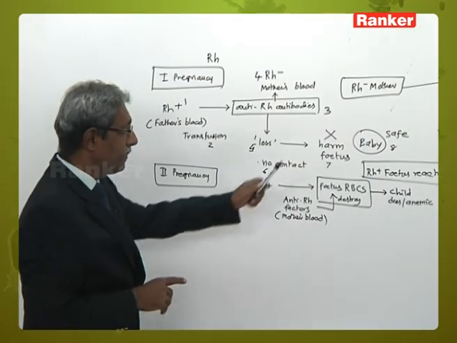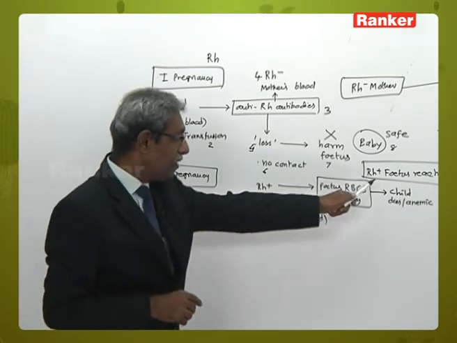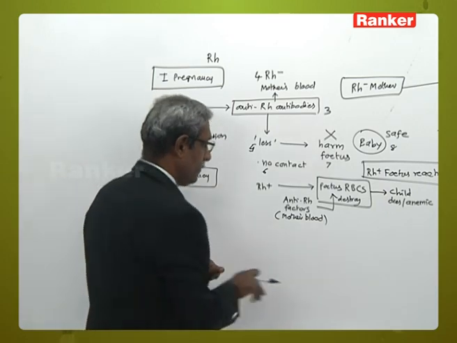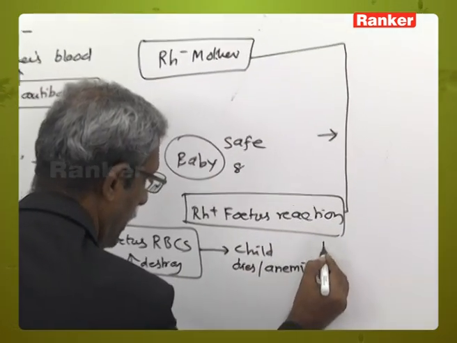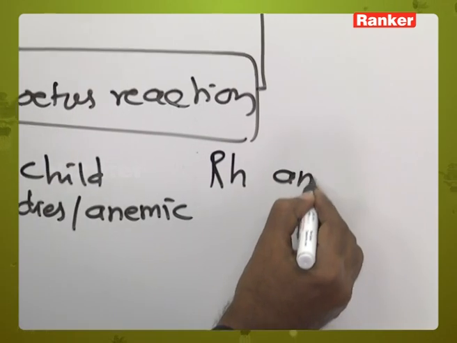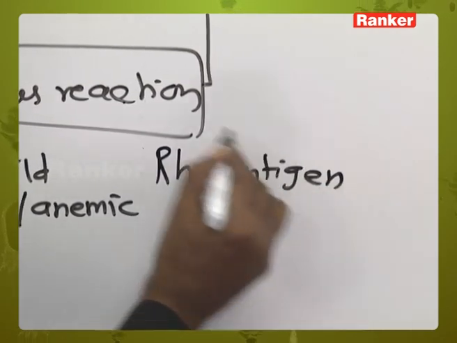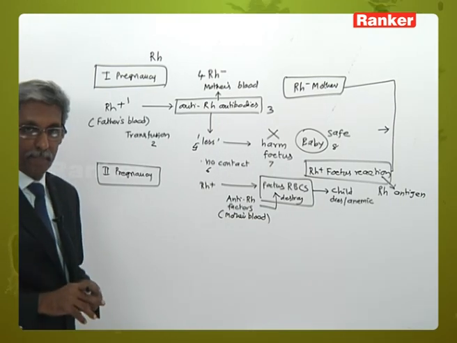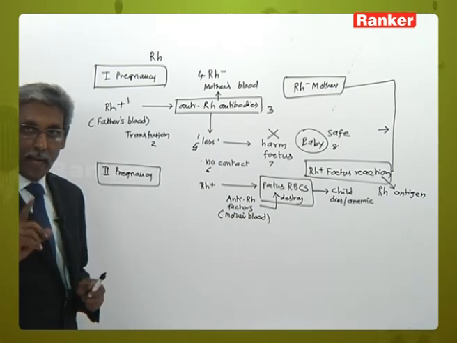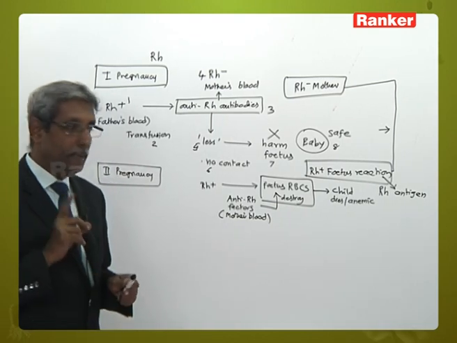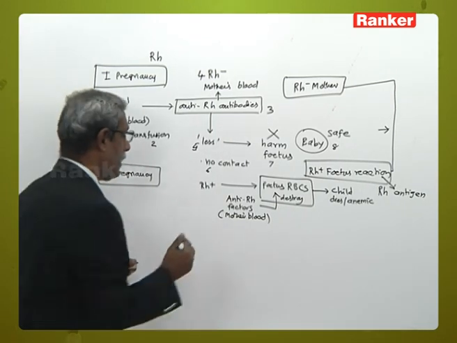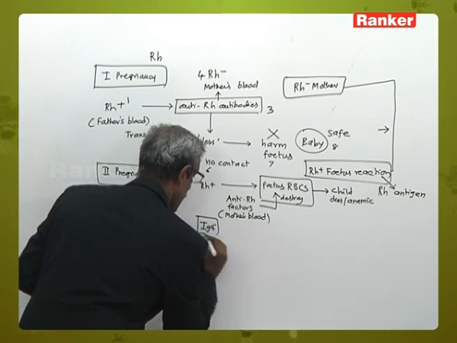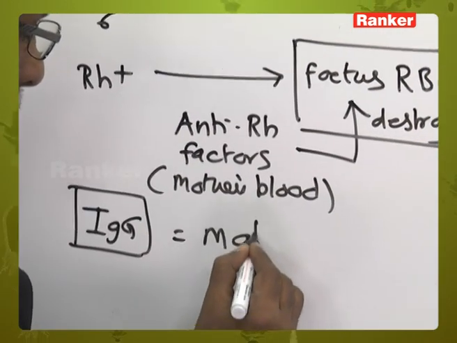We understand that in the Rh plus fetus, we have an Rh antigen on the blood cells, and the maternal antibodies are IgG.